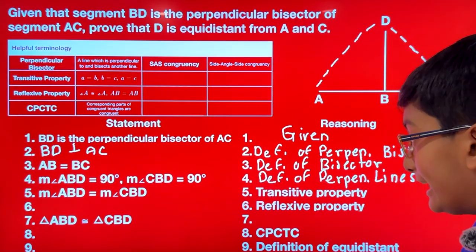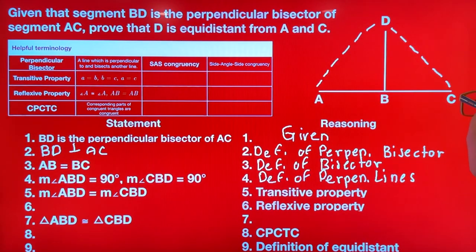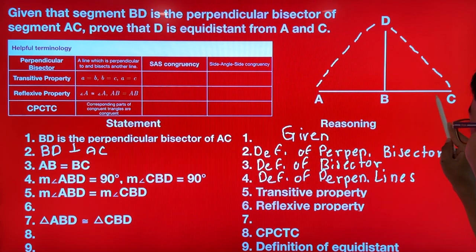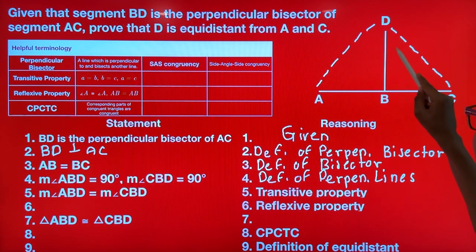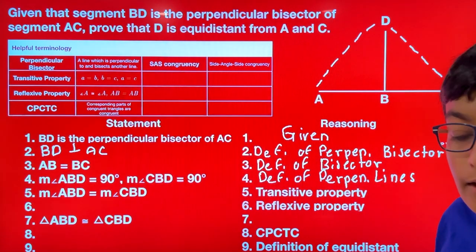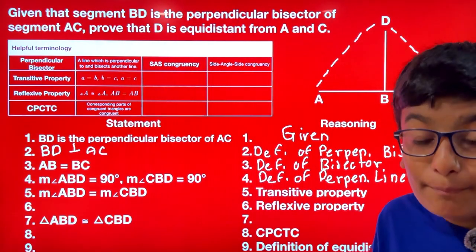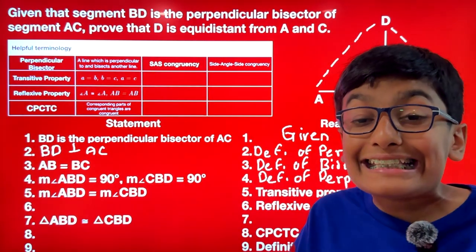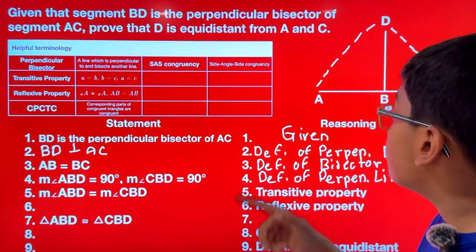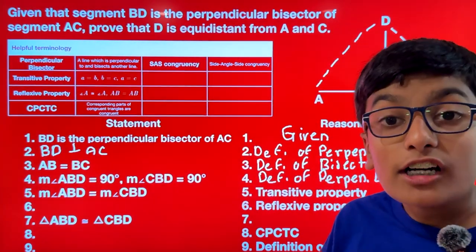Now, if we look at it, we'll see that we know that AB is equal to BC and angle ABD is equal to angle CBD. Well, we can form an SAS congruency and conclude that both of these triangles are congruent.